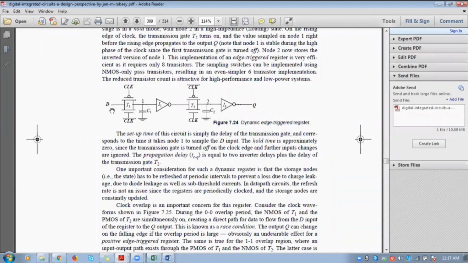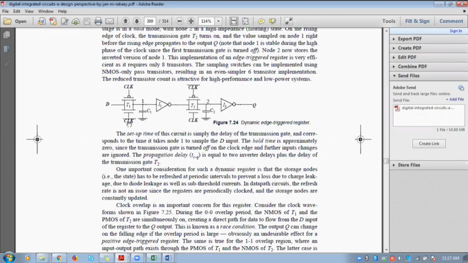So initially when I am applying clock equal to 0, your transmission gate 1 will be on and 2 will be off. So your transmission gate 1 will sample the D value, and when D equal to 1, your capacitor will charge, and when D equal to 0, your capacitor will discharge. So based on that, you will be storing logic 1 or logic 0 here for the next clock, in the case of hold mode.